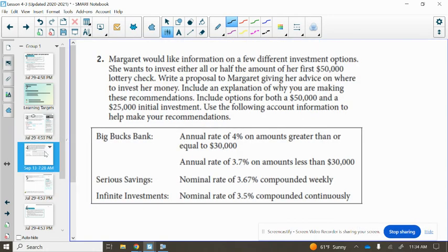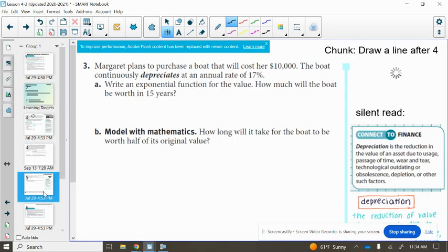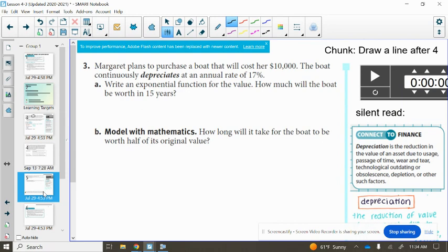And if we look at page 56 then, to go to example 3, we can see how this is even used also with depreciation, right? We've talked a little bit about depreciation before. So if we are continuously depreciating, so you're going to see this word continuously, that's key that we want to be using the PERT formula. And if we have an initial cost of $10,000 and it's depreciating at a rate of 17%, we want to know what it's going to be worth after 15 years.